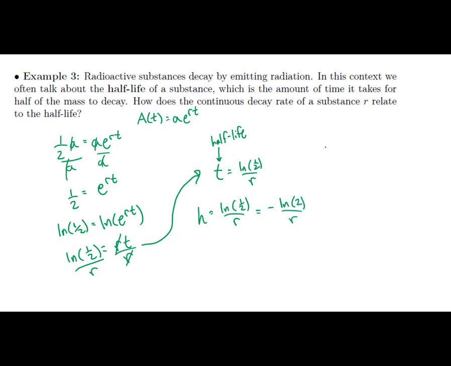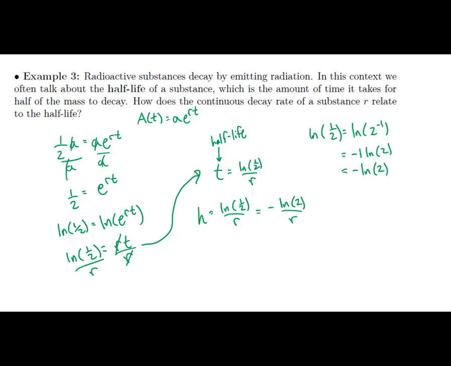Now, where that's coming from is that the natural log of 1/2, I think we can all agree, is the same as the natural log of 2 to the negative 1, right? Bringing the 2 up and making the exponent negative. But then the power rule says that you can bring that negative 1 out front and say it's negative natural log 2.